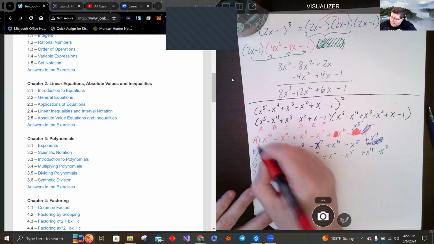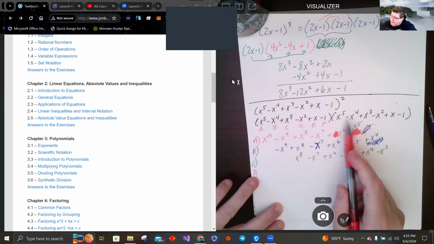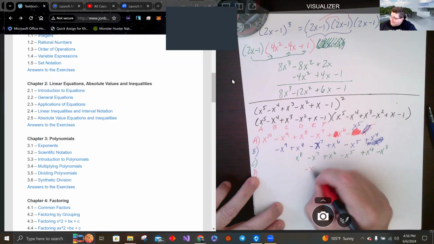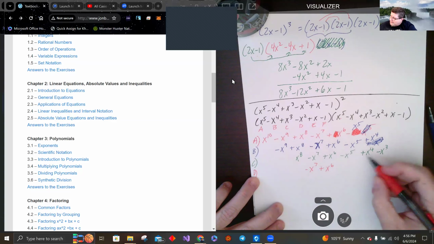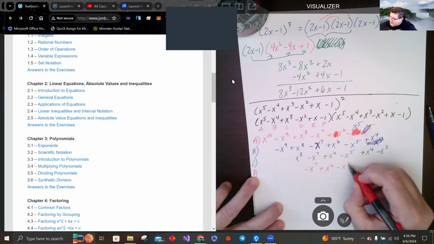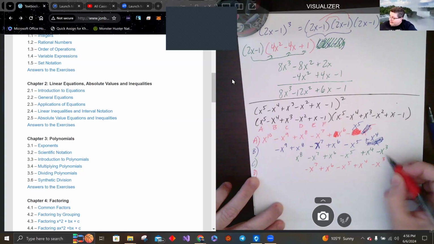And D is changing the sign and adding 2. So negative x to the 7th. Negative x squared times negative x to the 4th is positive x to the 6th. And this looks like it's following a pattern. It's just the stuff above it plus one more term.